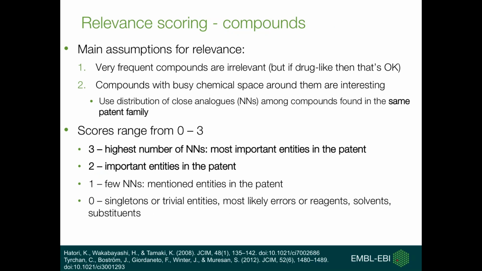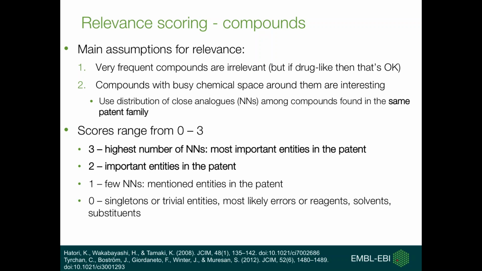Again, we did the same thing for compounds. Here the main assumption is that the compounds that are important and relevant to the patent will have a busy chemical space around them, and they will have a larger number of close analogs among the compounds found in the same patent and the same patent family.